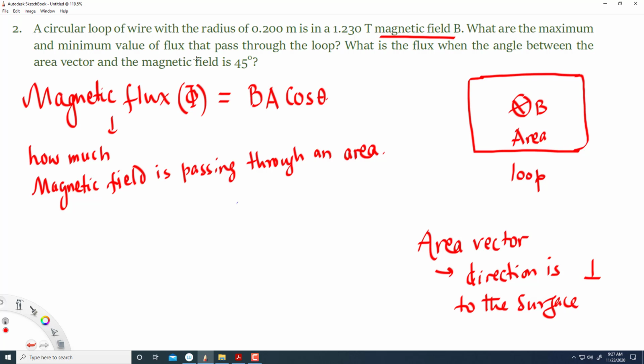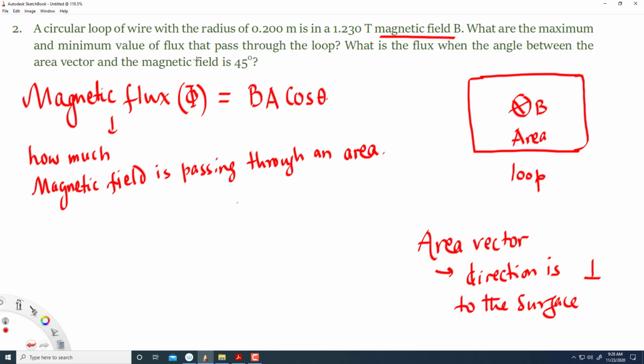I can denote the magnetic field with a bunch of lines. If I orient my loop like this, the area has the same direction as B. B is pointing to the right, and my area is also pointing in the same direction.